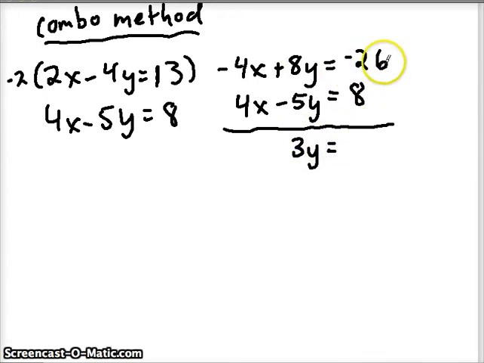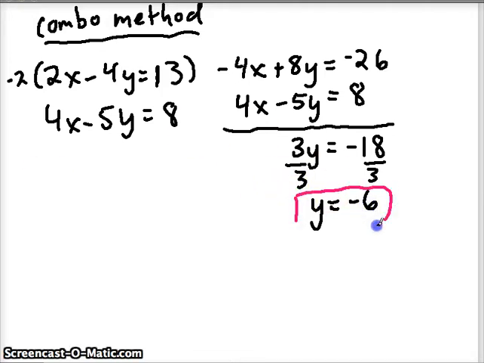That's going to equal whatever these two numbers combine to make. So negative 26 plus a positive 8 gives us a negative 18. Now to get y by itself and solve for y, we divide by 3. And then we get y equals negative 6.